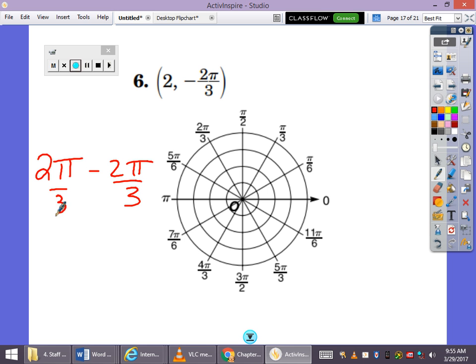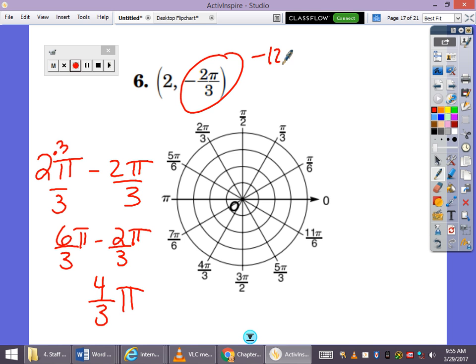If I put a 3 here, I have to put a 3 here. So it's 6/3 pi minus 2/3 pi, which is 4/3 pi. You could have also converted this to a negative 120. 360 minus 120 is 240, which is also 4/3 pi. Am I going to look at 4/3 pi or walk away? Toward. Question.